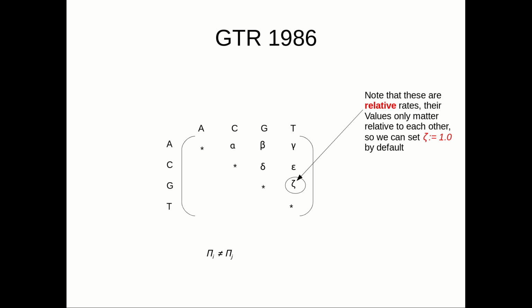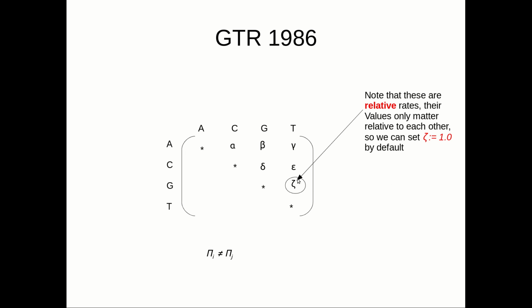Another very important thing to notice is that the rates in our rate matrix are actually relative rates. Their absolute values do not matter. The only thing that matters is the values of the rates relative to each other, which is the reason why they're called relative rates. In order to simplify things, because we're dealing with relative rates, we can just set zeta, the last rate, to 1.0.